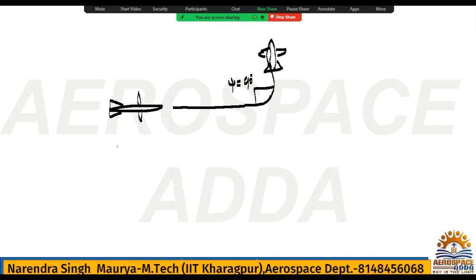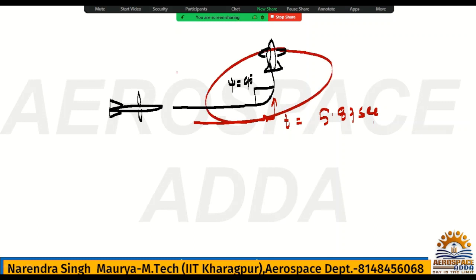This is the condition for the problem. So what time has it taken to turn exactly 90 degrees? From this condition to this 90-degree turn, it has taken 5.87 seconds. Basically, for turning from straight to a 90-degree turn it has taken 5.87 seconds. It's a very small time. Fine, so hope you understood this.